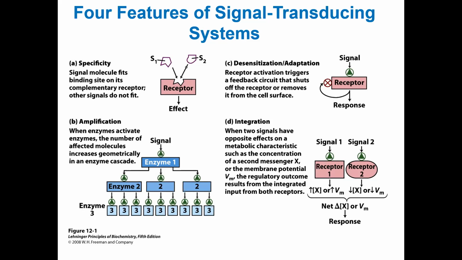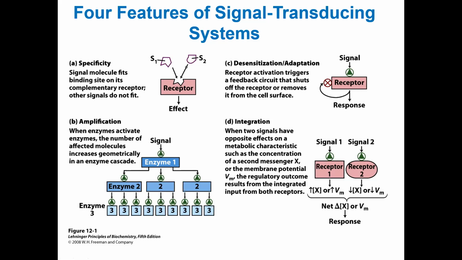So for example, insulin might bind. Insulin is a hormone released from beta pancreatic cells. It goes to its receptor, let's say on a muscle cell. When it binds, the net effect of that binding of signal to the receptor would be to bring glucose molecules in for metabolism, for generating ATP, for example.